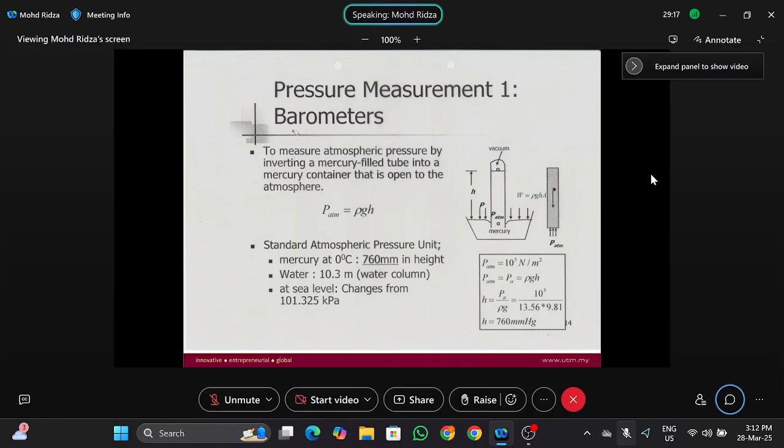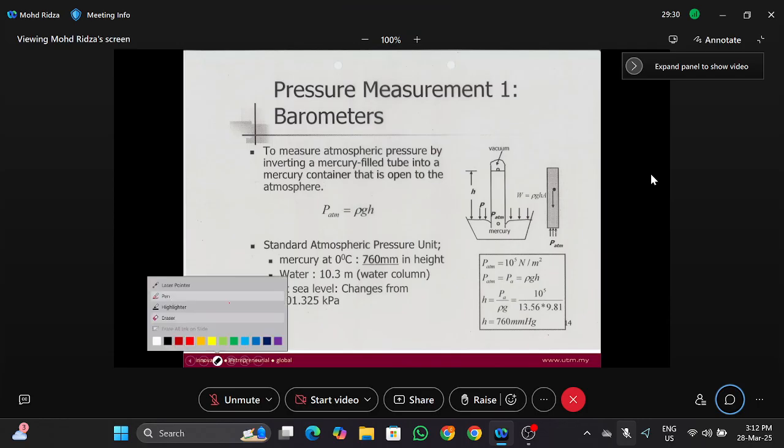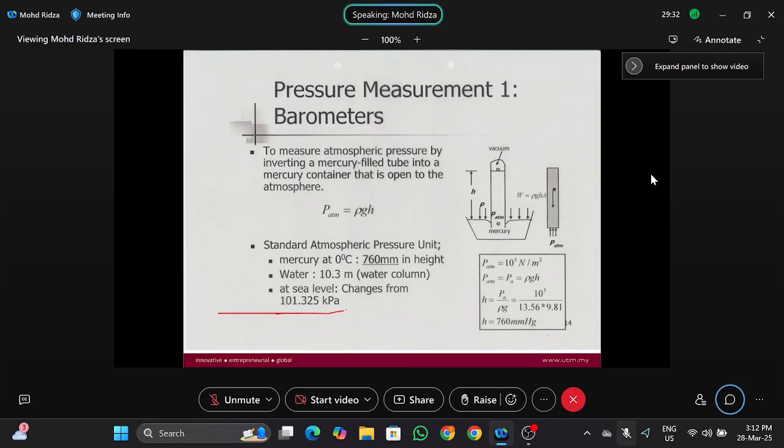If you're at mean sea level, you can get the value of 101.325 kilopascal. So this is the equipment here. It's very simple.